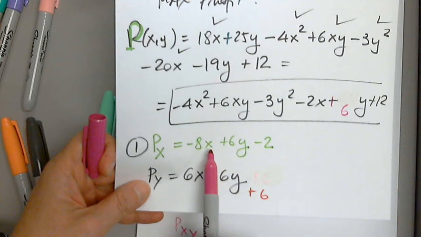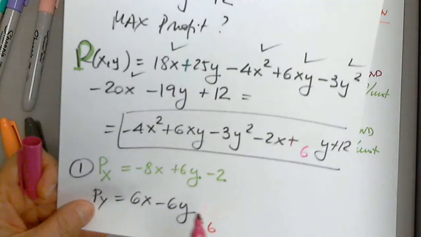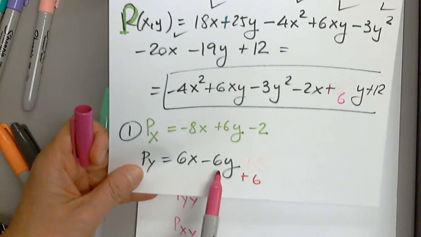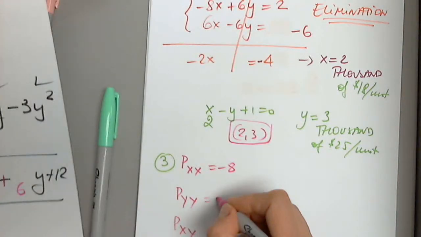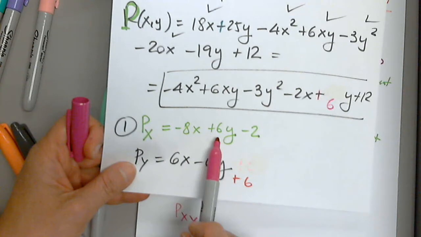So pxx, here it is. We differentiate this with respect to x, we get -8. Pyy, we differentiate this with respect to y, we get -6. Px differentiated with respect to y is 6.